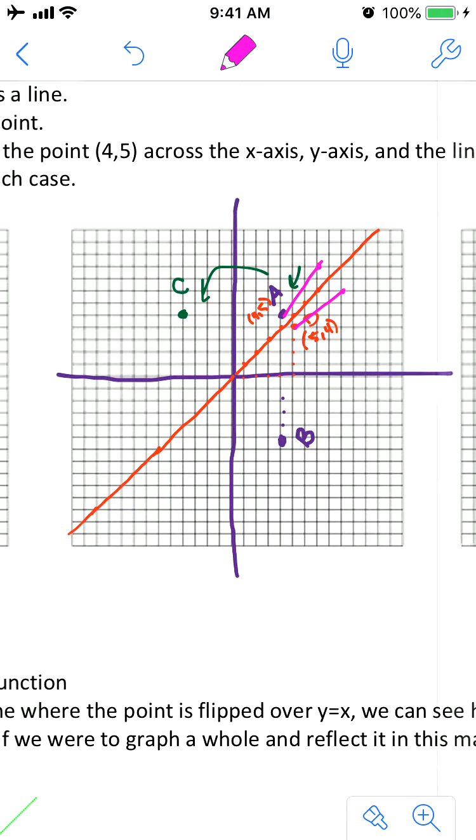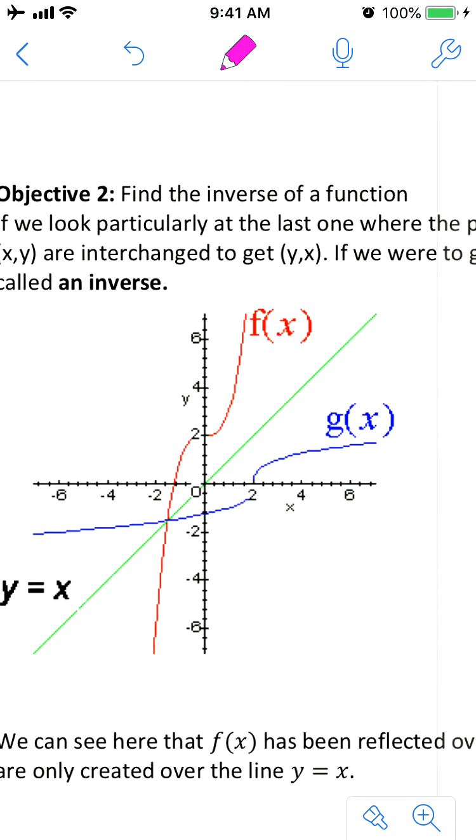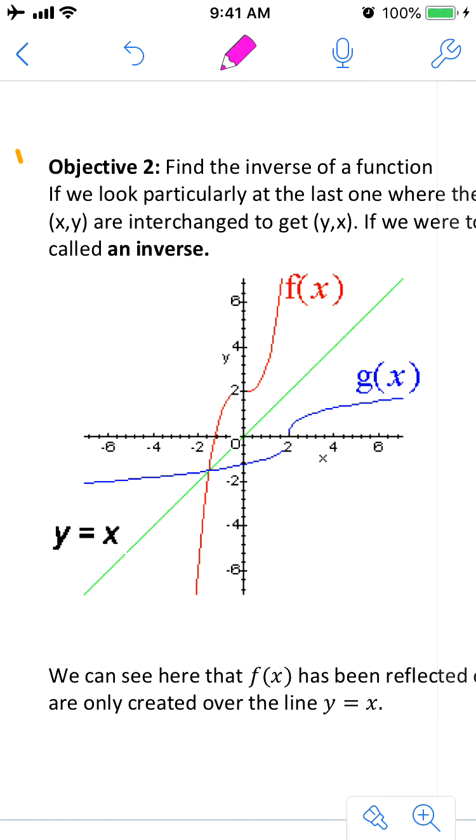So if you look at another example, down here we see a more complex thing. You still see that green line, y equals x. It's just the diagonal across the page, nothing different, super straightforward. And then you've got this weird function f of x. It's cubic. We can see that because it's kind of an S shape. It's got a little bend in it, and that's what happens when you have a cubic function.